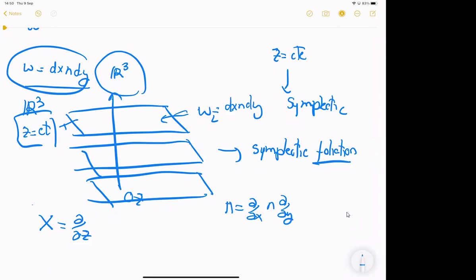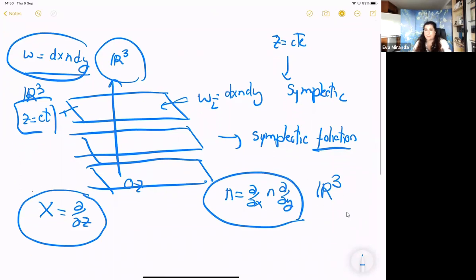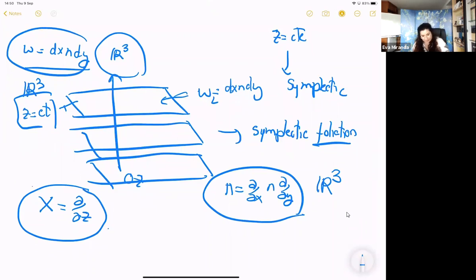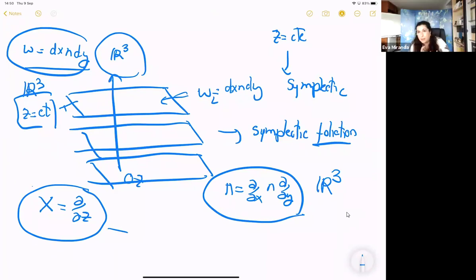Now this Poisson structure, I have it defined on R3. And this vector field is an example of a Poisson vector field transverse to all the symplectic leaves. So here we have an example of codimension 1. So this is an example of something which is not symplectic, which induces a codimension 1 foliation, and which can be the critical set of a Poisson structure.